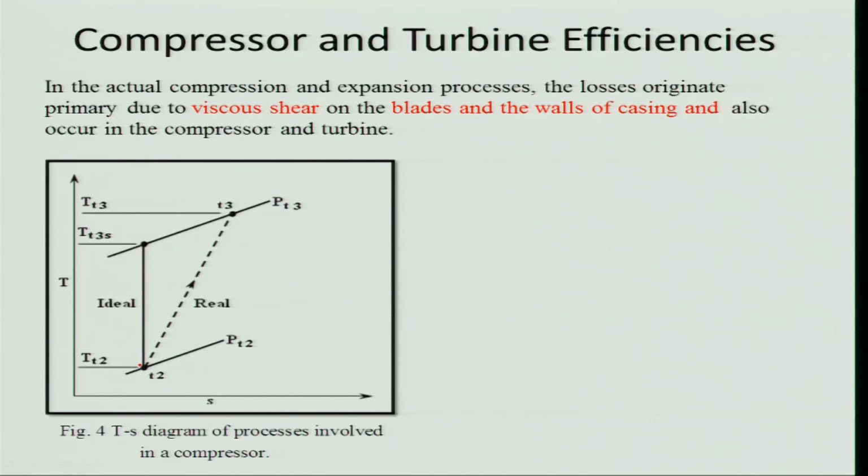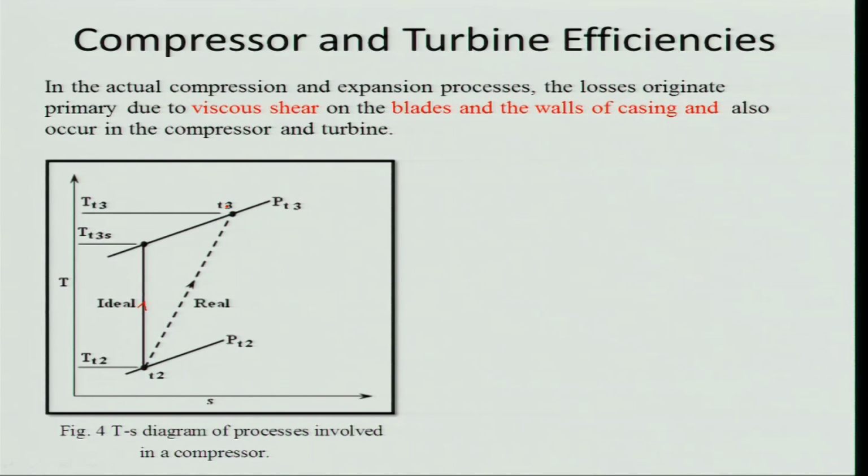If you look at, this is your station T2 and the corresponding pressure PT2 and temperature TT2, and this is the ideal or isentropic process from TT2 to TT3S, S for isentropic, whereas the real one which is shown in a dashed line will be from pressure PT2 to PT3, and of course, temperature TT2 to TT3.